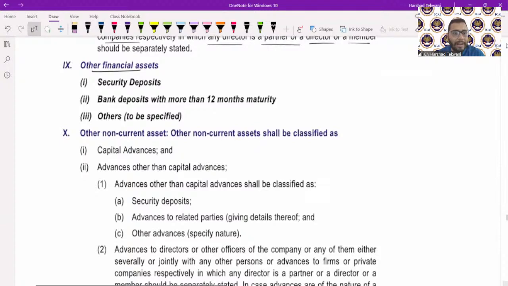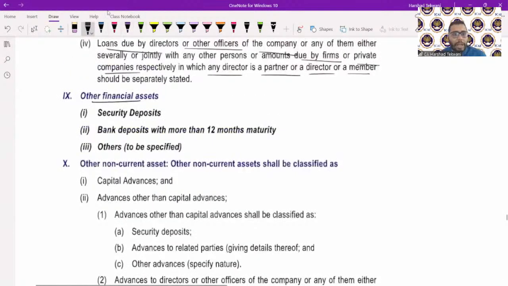Earlier, this category, other financial asset, was not present in the non-current. Immediately after loans and advances, it was bank deposit with more than 12 months maturity. So this particular item was not there till last time, because only this item, bank deposit more than 12 months maturity, was present.